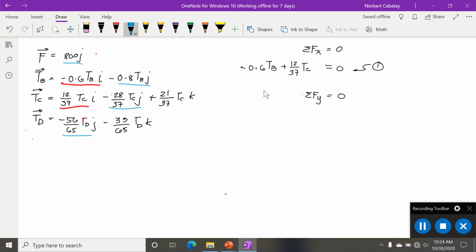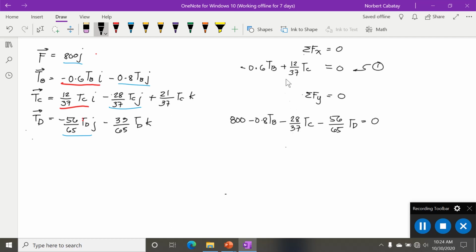So, you have here 800 minus 0.8 T sub B. Then, you have negative 28 over 37 T sub C. Then, minus 56 over 65 T sub D is equal to 0.